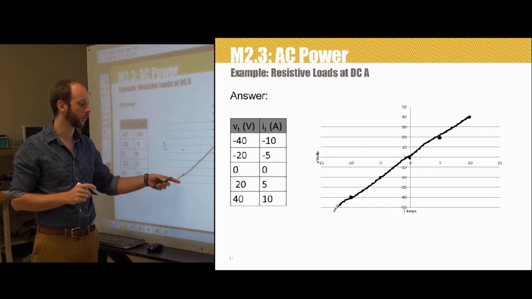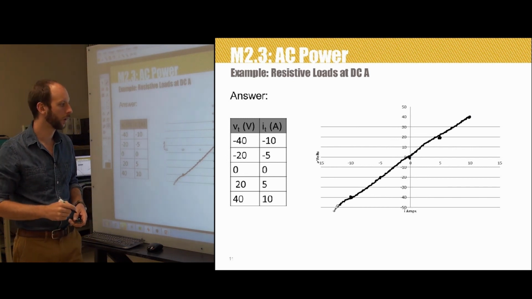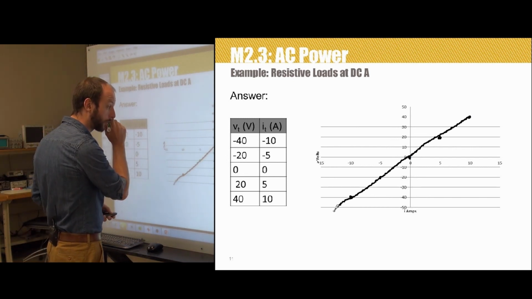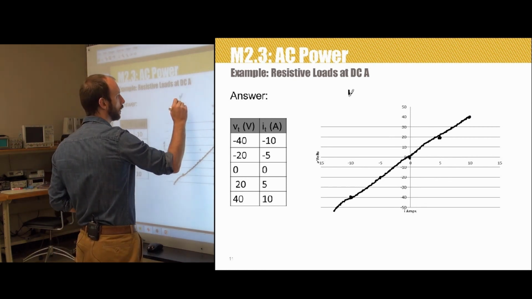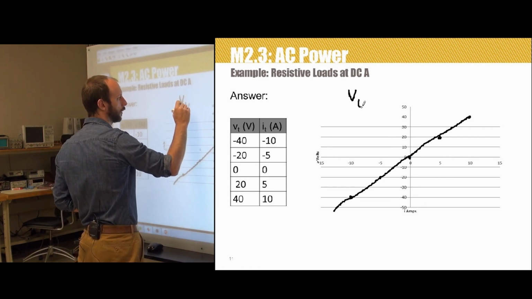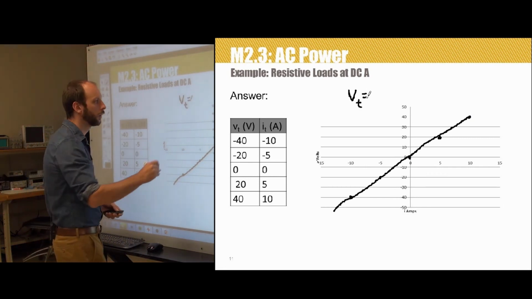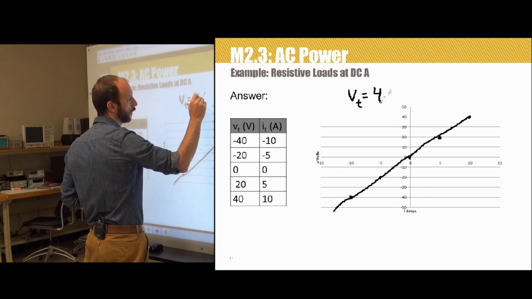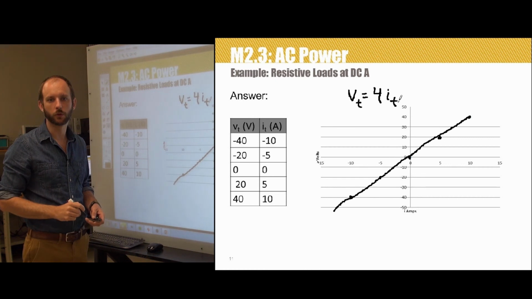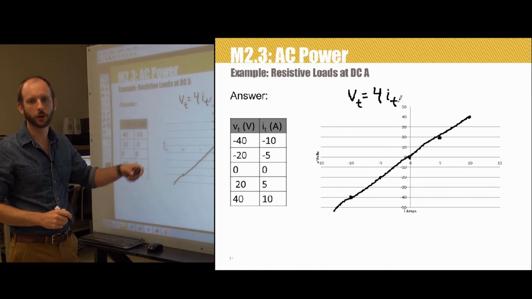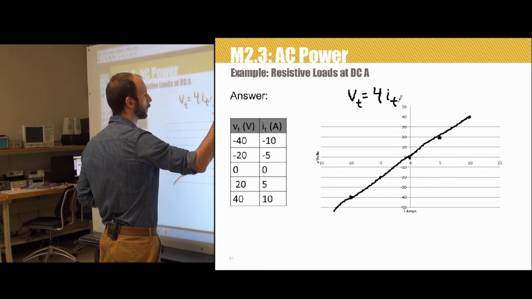If we were to write an equation for the straight line, we would just see that V of t, the terminal voltage, is equal to 4 times the current measured through the terminal. So in terms of Ohm's law, this device is behaving like a 4 ohm resistor.